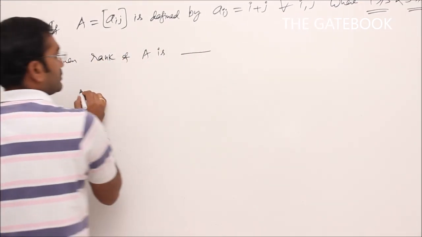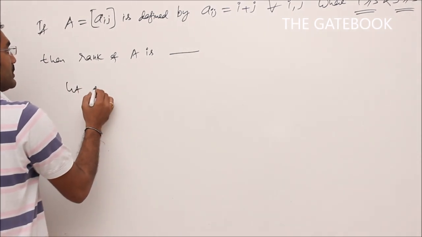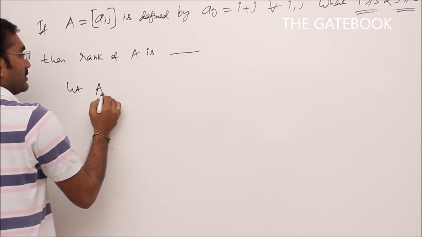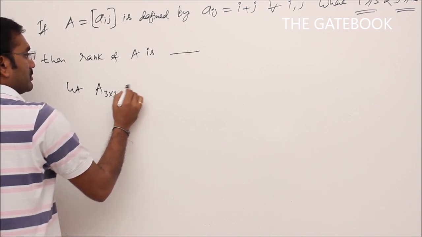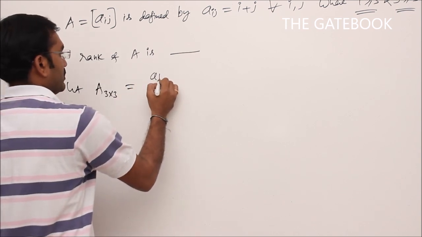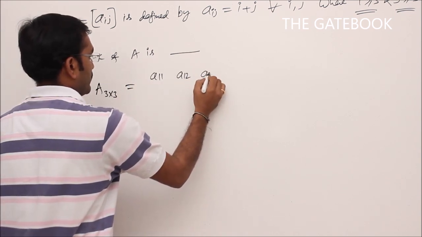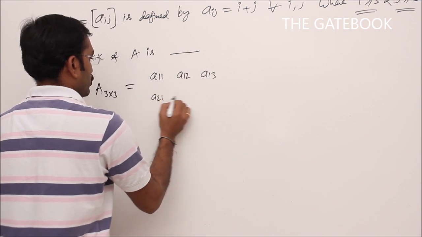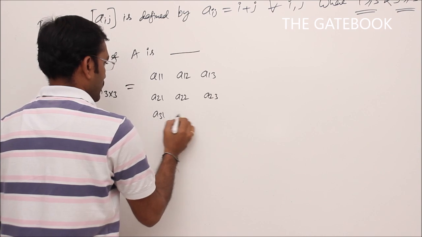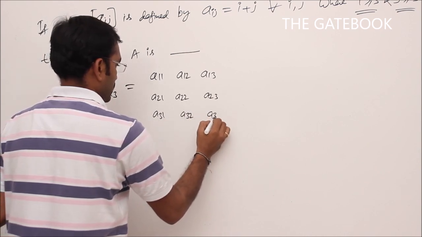So let us consider a matrix A of order 3 by 3. The elements of that matrix will be A11, A12, A13, A21, A22, A23, A31, A32, A33.